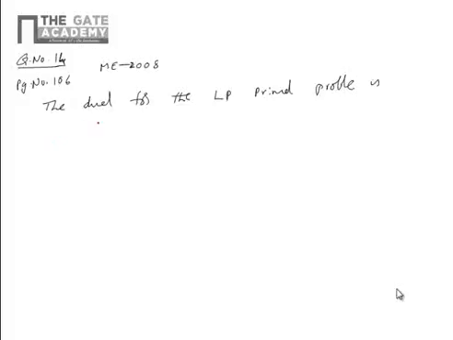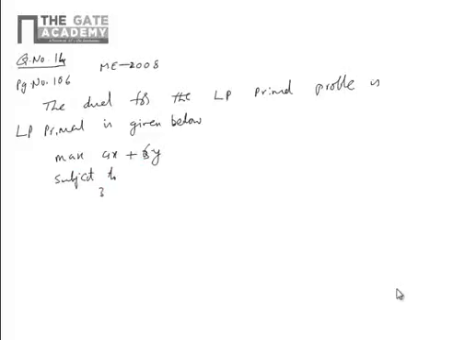The LP primal given is: maximize 4x plus 6y subject to 3x plus 2y less than or equal to 6, 2x plus 3y less than or equal to 6, x, y greater than or equal to 0.